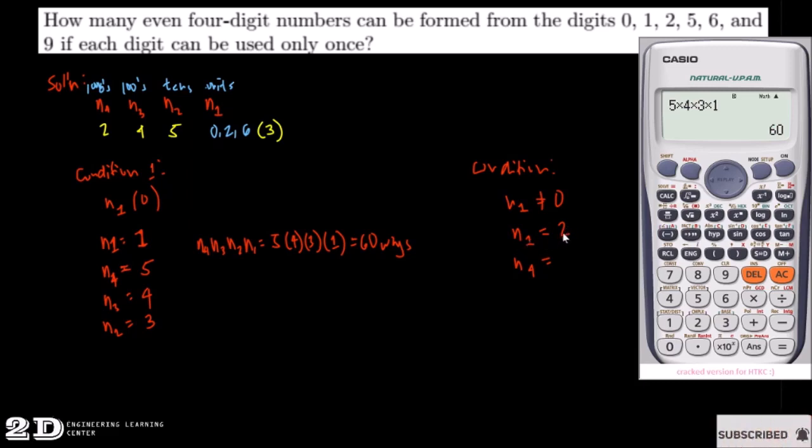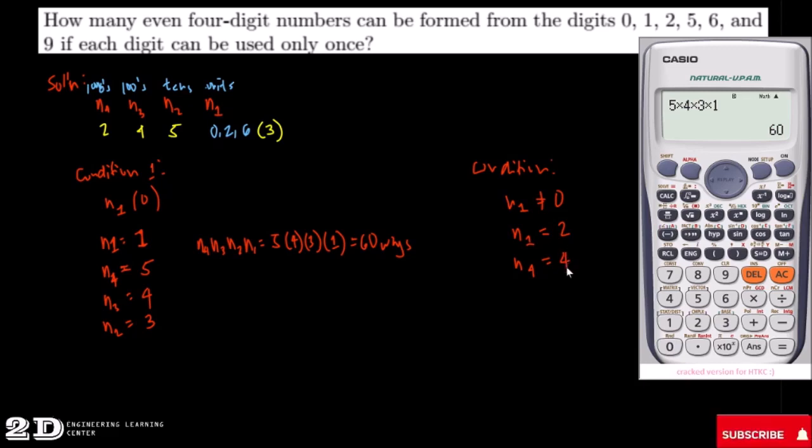So for example, if 2 is being used for N sub 1, we will now have only 1, 5, 6, and 9 for the thousands place, or the N sub 4. So we will now have only 4 choices. The reason it is not 5 is because we will not consider 0, and the other one has already been used for N sub 1.